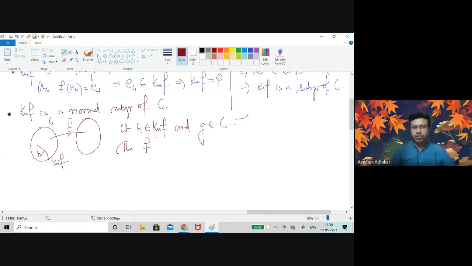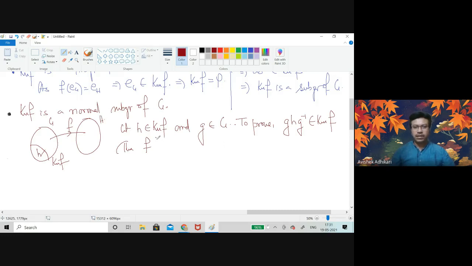What do you need to show to prove g h g inverse belongs to the kernel of f? You can apply f on it, and it should go to the identity element of H, right?